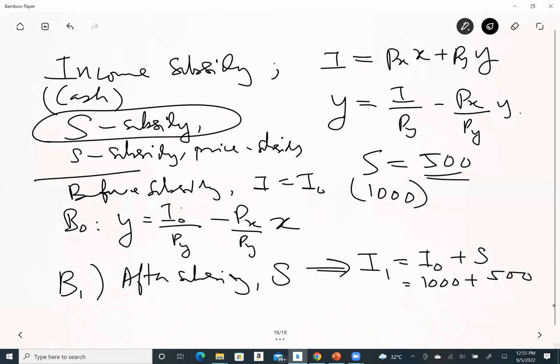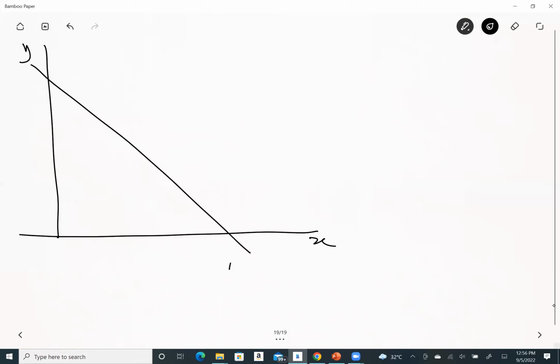So our B1 is Y equal to I1 over PY minus PX over PY X. So imagine now I1 is 1,500 and I0 is 1,000. Now that is important for the drawing of the budget line. So I draw the budget line. This is X, this is Y. So that is the B0.